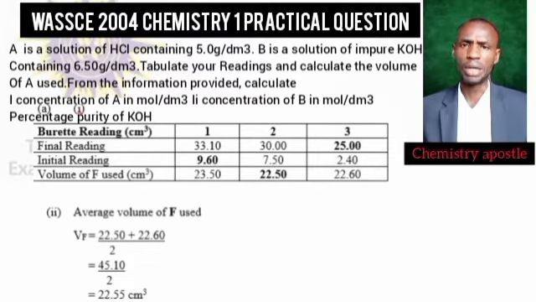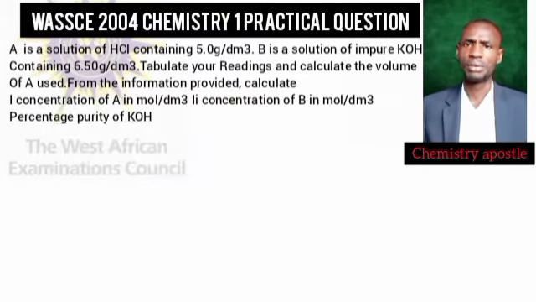Then in the table, we are going to pick the concordant values, the titers whose differences are not more than plus or minus 0.2. Then we pick two from the table to get our titer value. Alright, we have gotten our titer value now.